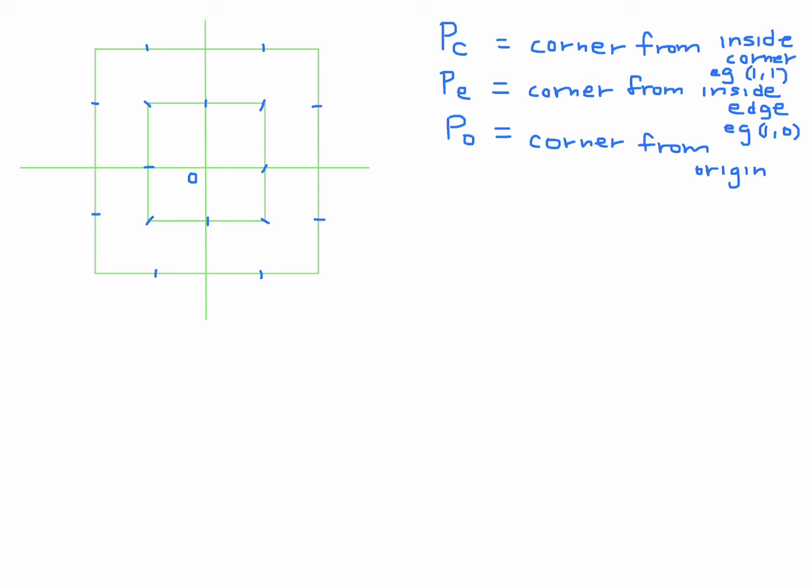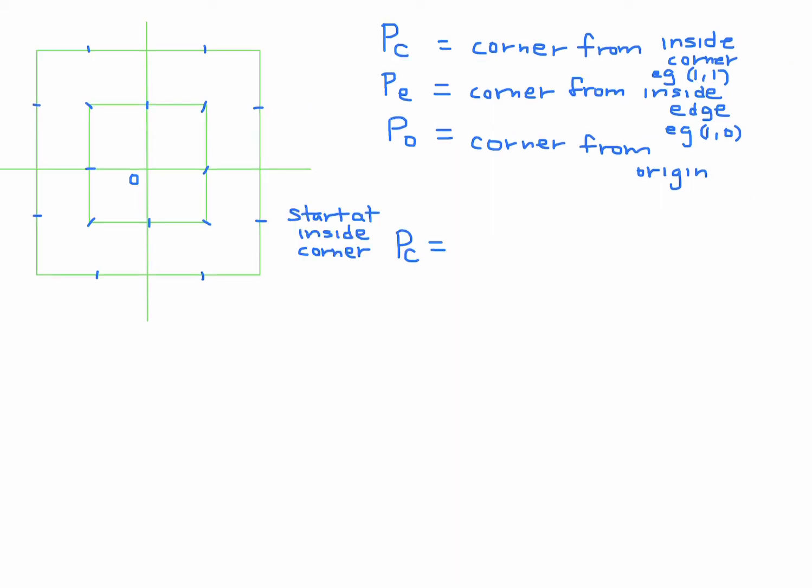We're starting initially at an inside corner, for PC. So let's talk about PC first. To get to an inside edge, the probability would be 2 over 8.